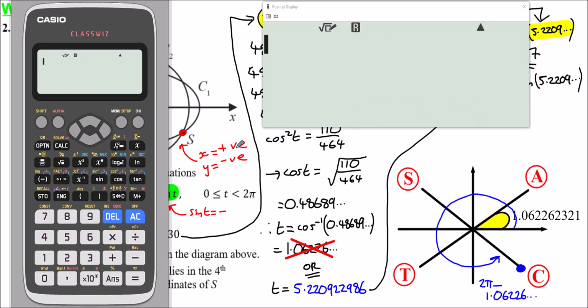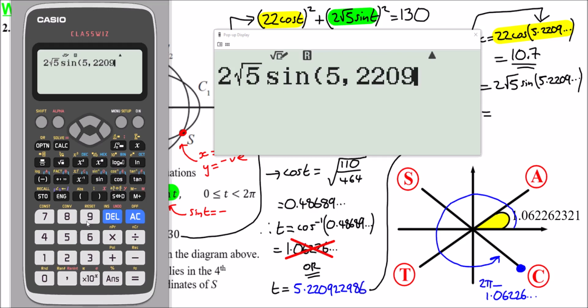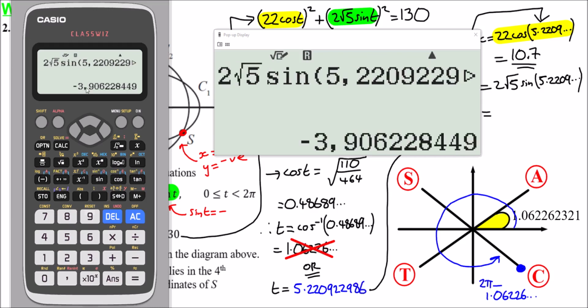So let's just get that figure back, what we had, which was this one for t. So if I just type in now 2 root 5 sine of 5.2209 22986, and we get minus 3.91.